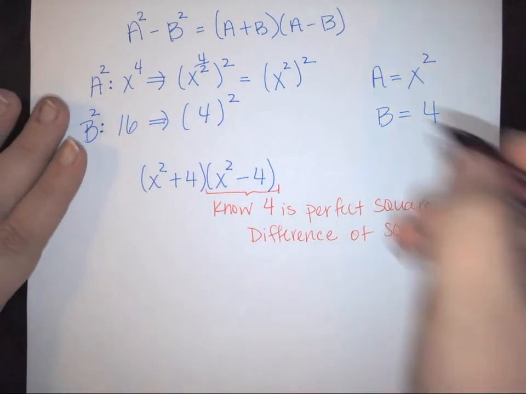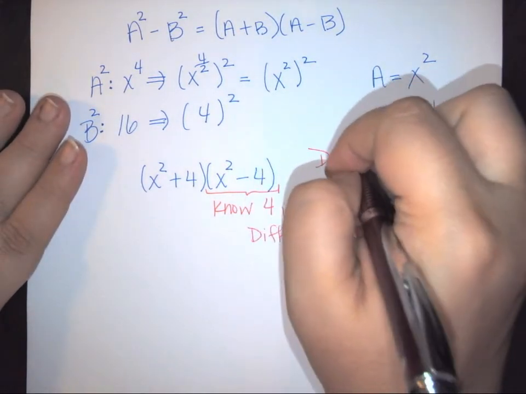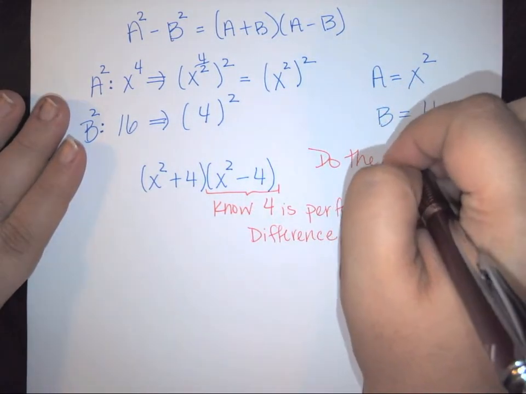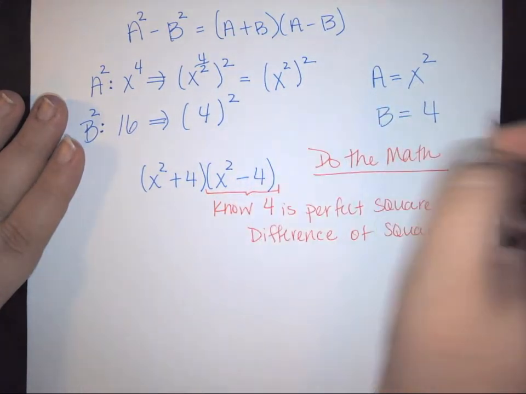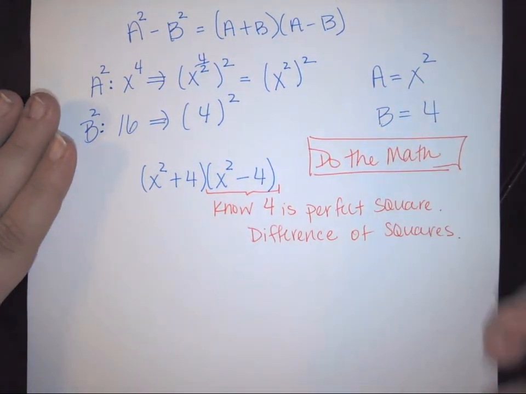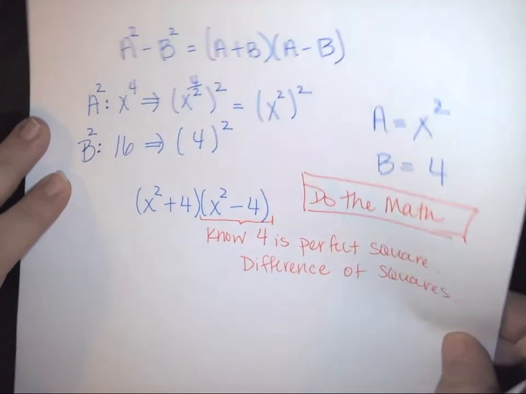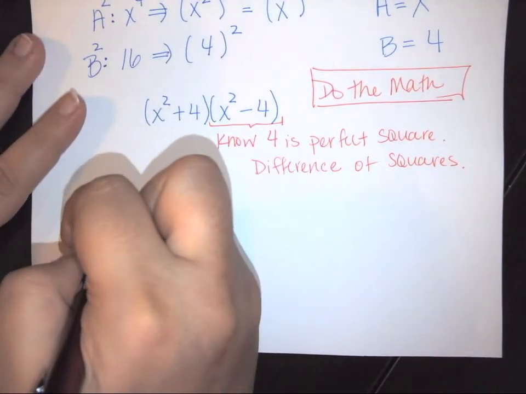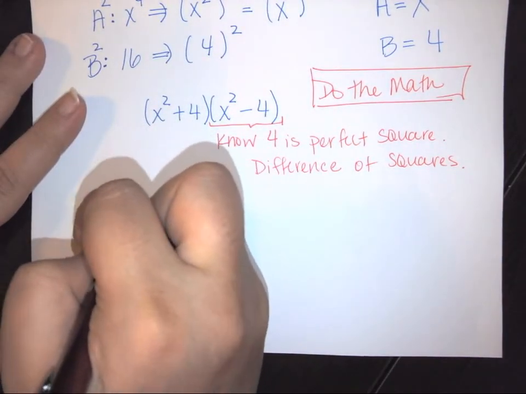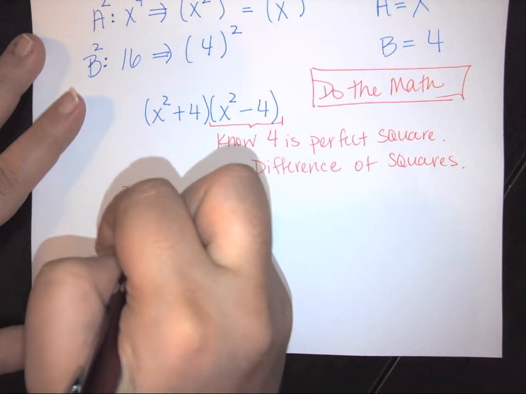Remember the good old rule that you need to do the math. So sometimes when we are dealing with difference of squares, you will have more than one rolled up into one problem. So we have to do everything all over again. In this case, my a squared term here is going to come from x squared.